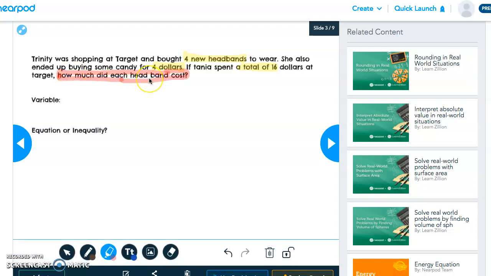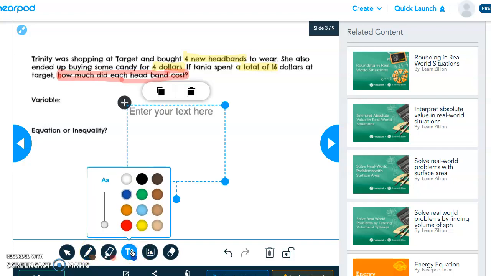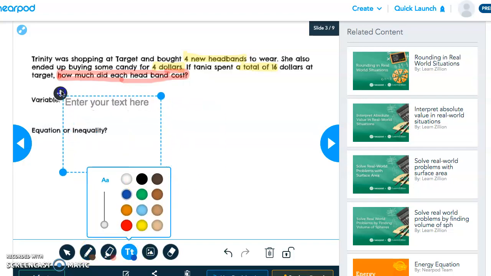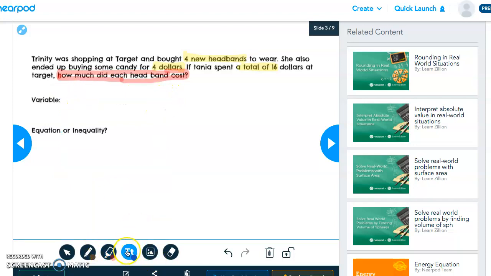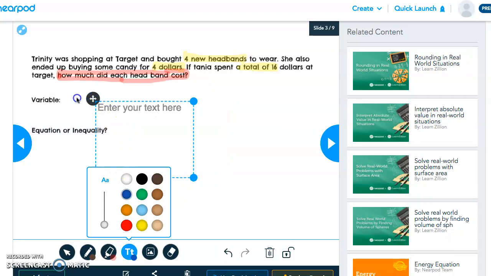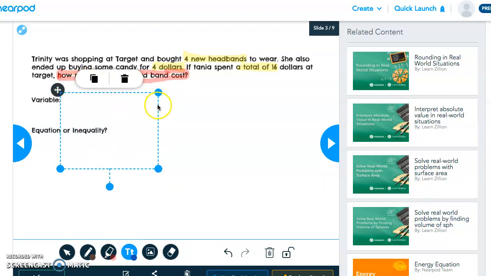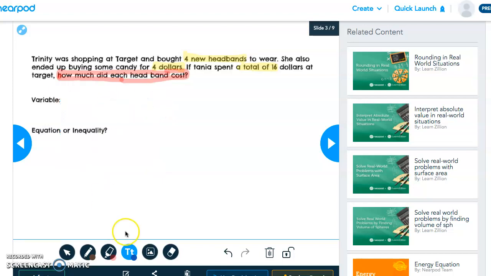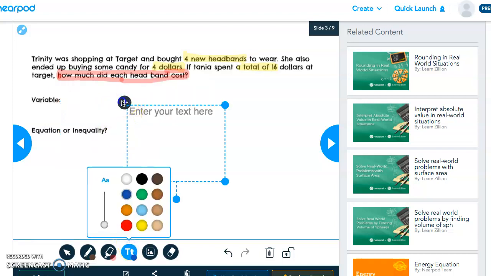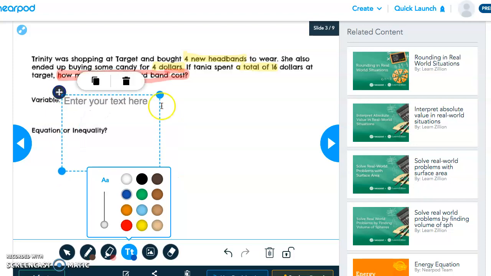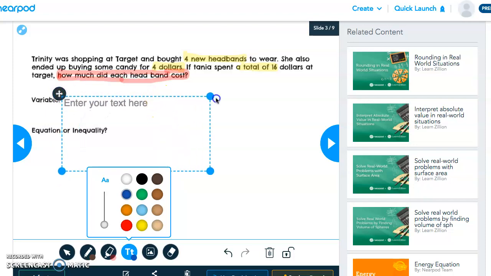Okay, so here is the first thing in order to solve this. Number 1, we have to figure out what is the variable here. The variable is just a letter that represents what we're trying to find, right? What we're trying to find is highlighted in red, and it is how much did each headband cost? Wow, guys, you can tell I'm really struggling here. There we go.